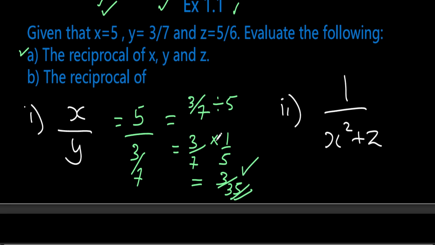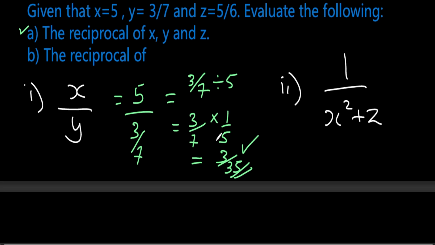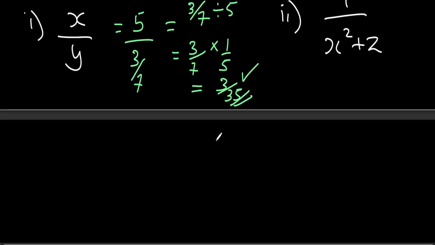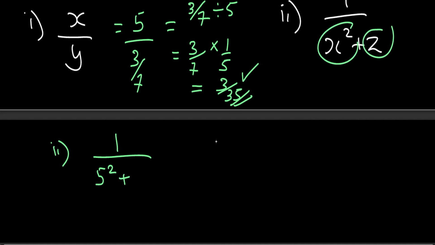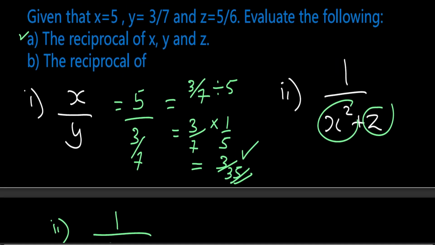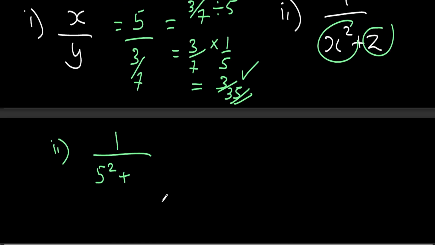Now for the second question, I think we need to scroll down a little bit so that I get to do the second question, which is 1 over x squared plus z. So basically 1 is written as 1 over x squared plus z, x squared being 5 squared, then plus z, z being 5 over 6.